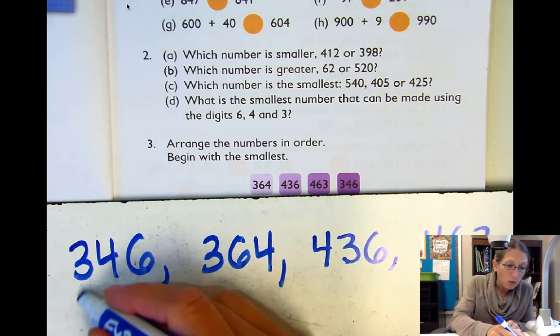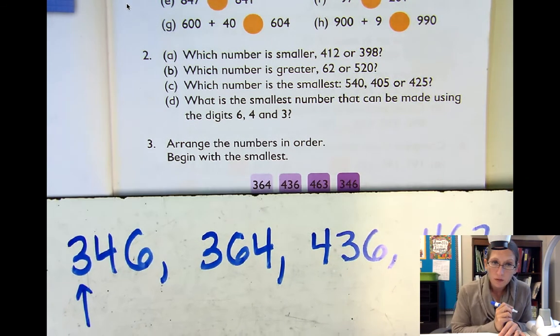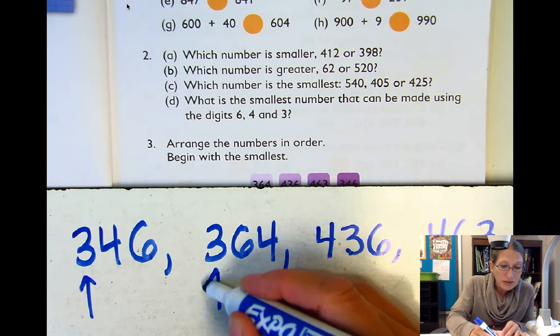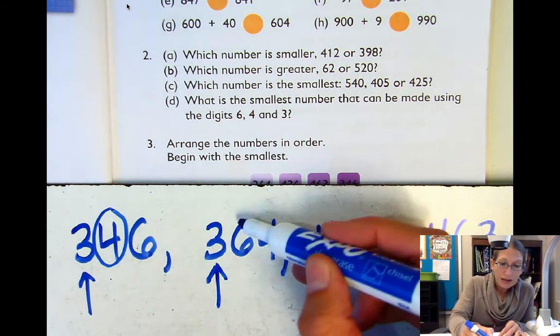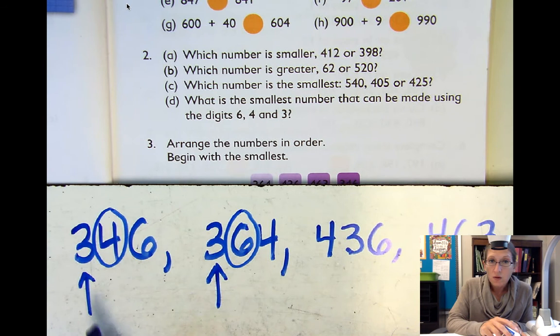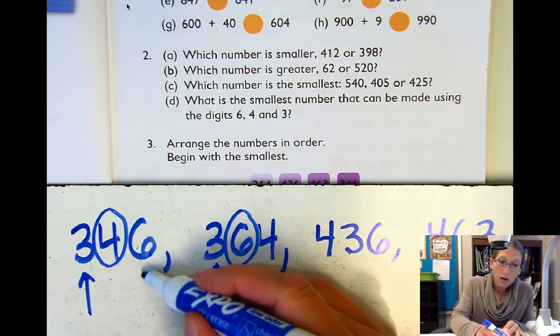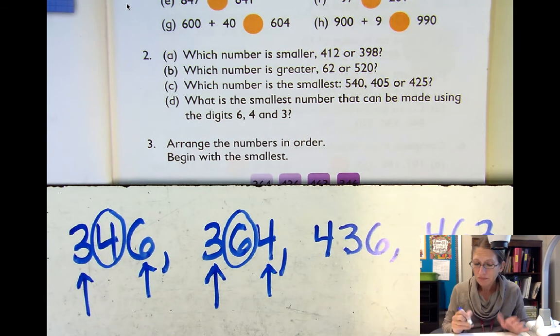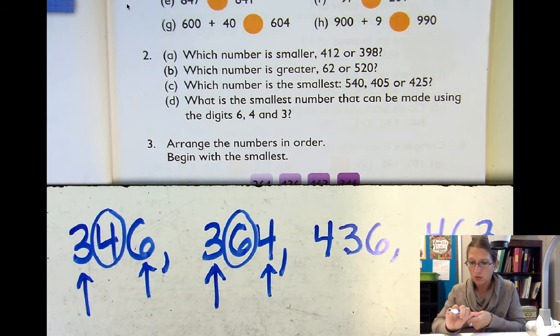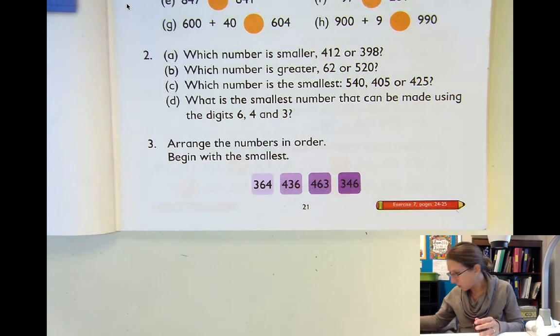So again, we first look in the hundreds. Then if their hundreds are the same, like these two, then we have to look in the tens place. Now, if the tens digits are the same, then we might also need to look in the ones place. So there's kind of a lot of steps here to do this, ordering 3-digit numbers. Ooh, that was a good exercise for our brains, wasn't it?